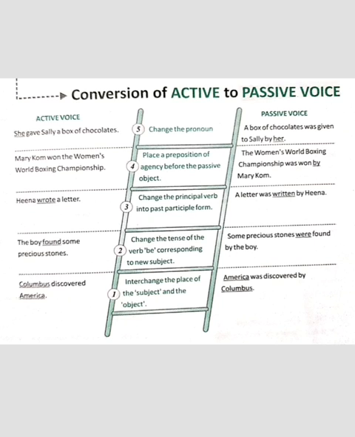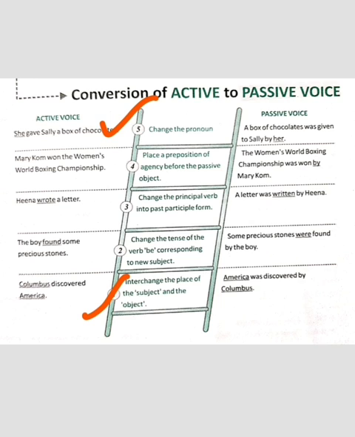Now let us see how to convert from active to passive voice. There are 5 steps I will tell you. Number one is interchange the place of the subject and object. That means if we take the example, she gave Sally a box of chocolates.